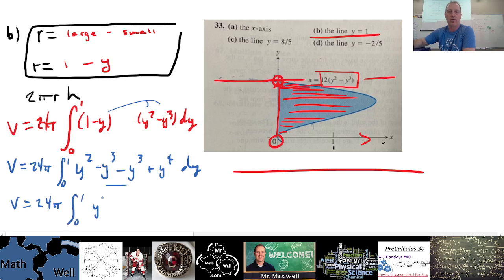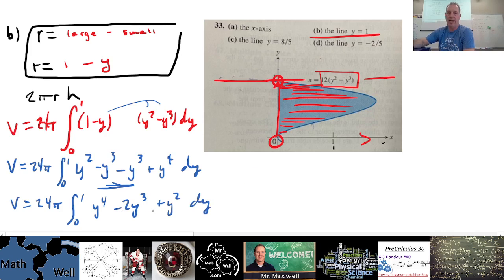Let's write y to the fourth first, and then minus 2y cubed. See that? There's two of them. Plus y squared dy. And when we get to that point, you should be able to do that again by hand, evaluating from 1 down to 0. And you should get a volume there for B of 4/5 pi, or 4 pi over 5.